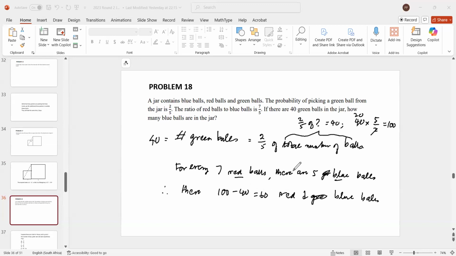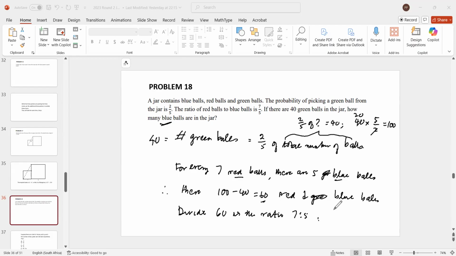Now, for every 7 red balls, there are 5 blue balls. So it means that you are dividing the 60 in the ratio 7:5. You wanted to know how many blue balls there are, so the blue balls is the 5 part.